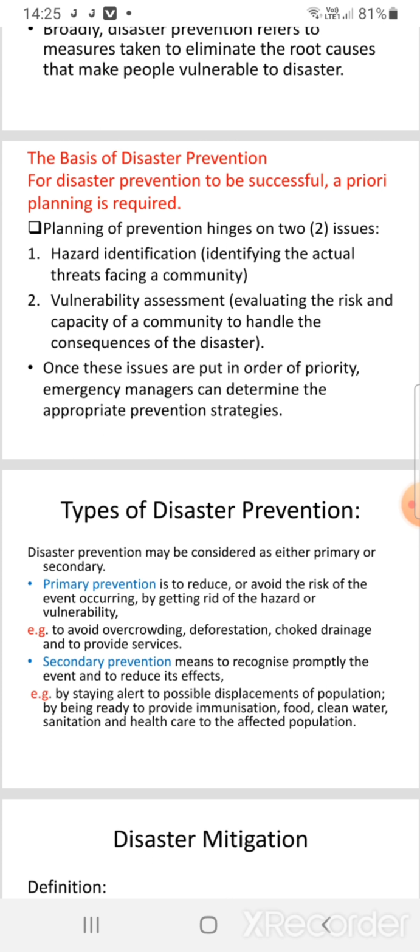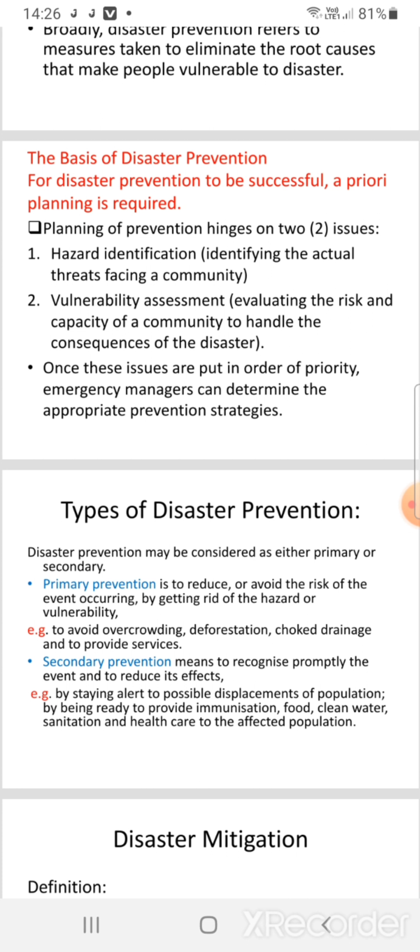So, for hazard identification, in an area there can be one or more hazards. For each hazard, there can be areas which are vulnerable. There can be areas that include a lot of exposure and risk, and in each area there will be differences regarding the capacity of the community, which will enable them to handle the consequences of the disaster.